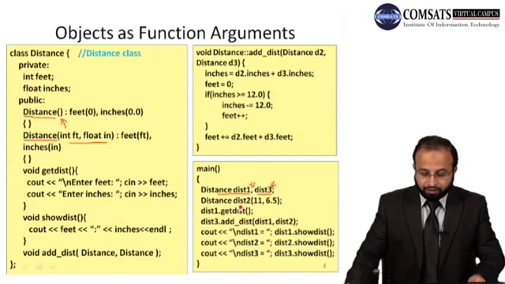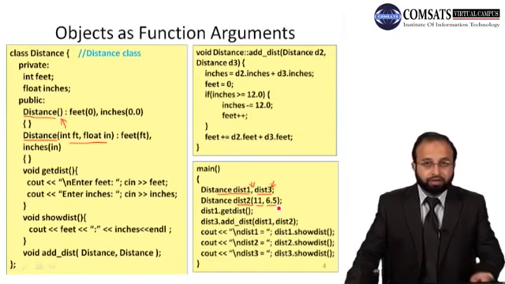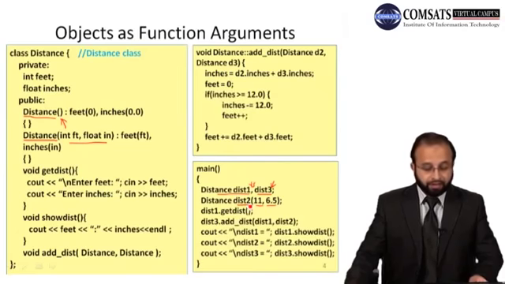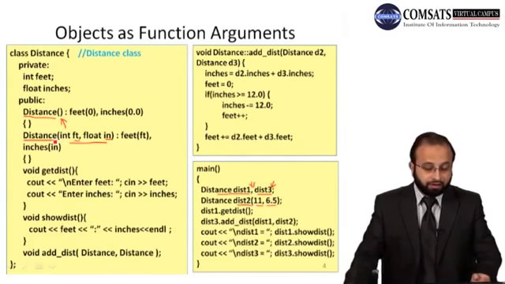But with the dest2 object, we are passing two values, 11 and 6.5. Now which constructor will be called? Not the default constructor. When the dest2 object is created, the constructor with two arguments will be called, that is feet and inches, right? So when the dest2 object is created, the distance constructor will be called, but that constructor should be the two-argument constructor, right?